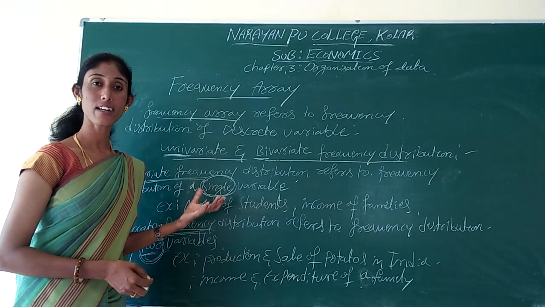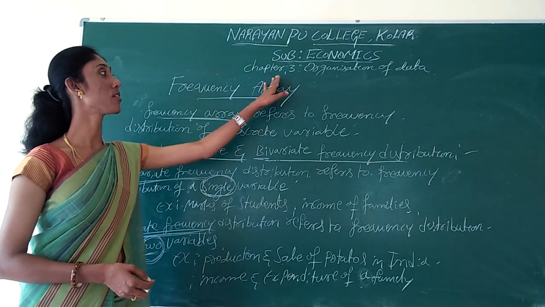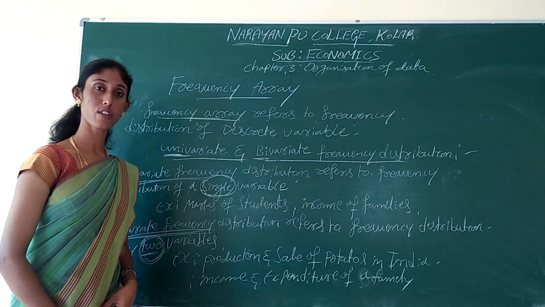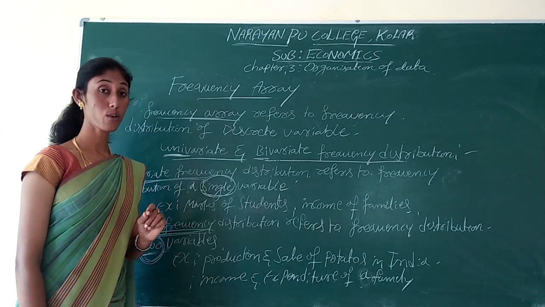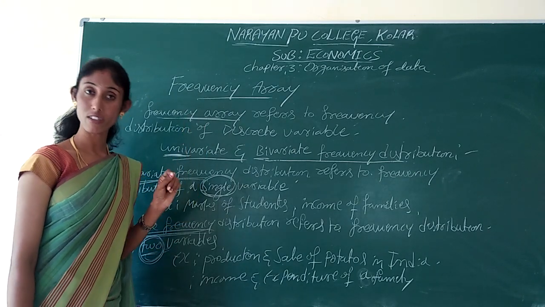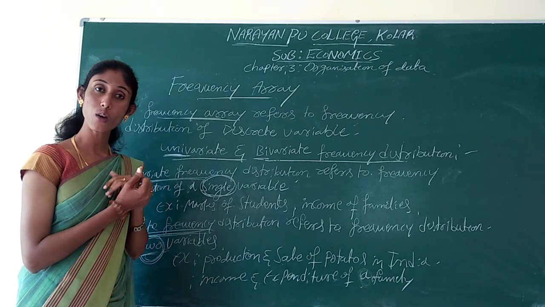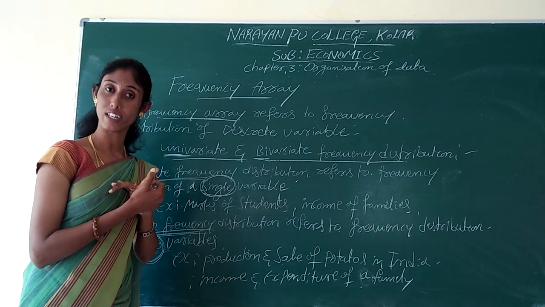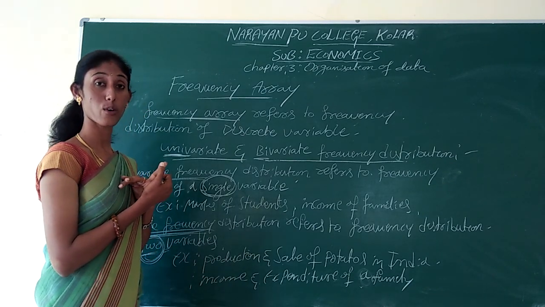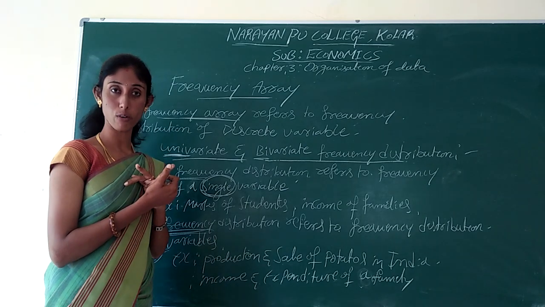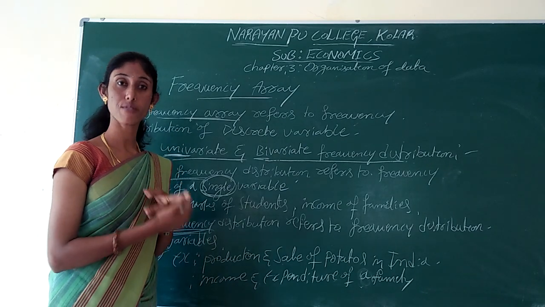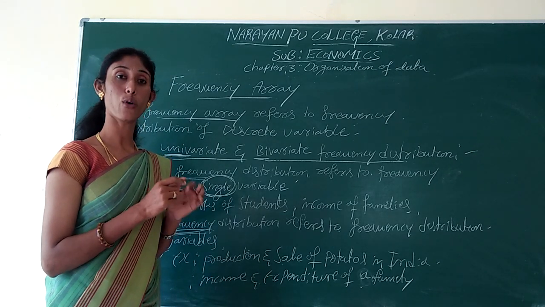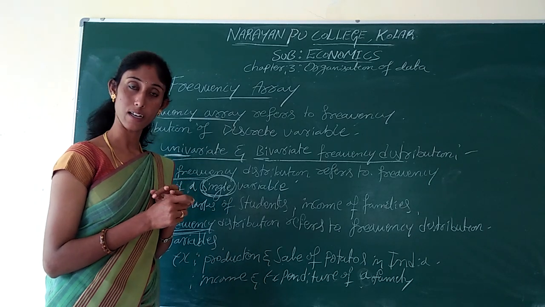This is the content of chapter 3, organization of data. This class we are going to end with this chapter. Make a note of the important content of this chapter. We have discussed mainly what is raw data and also classification of data. In the classification of data we have discussed with examples there are 4 types: chronological classification, spatial classification, qualitative classification and quantitative classification of data.